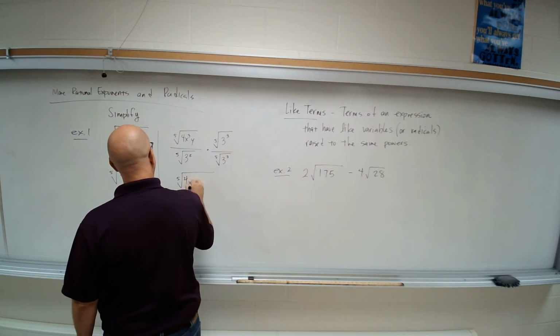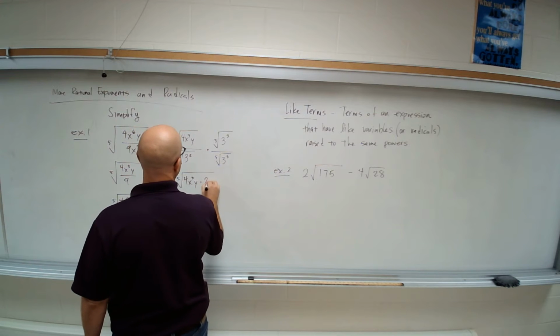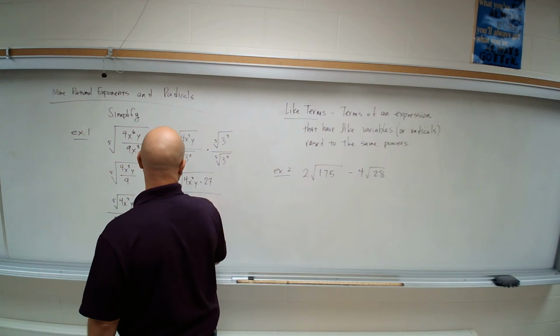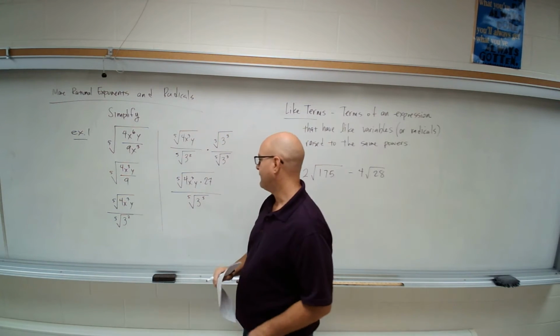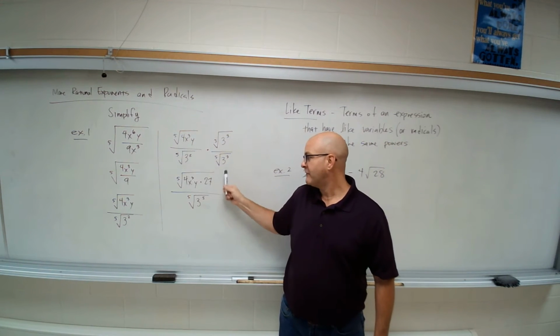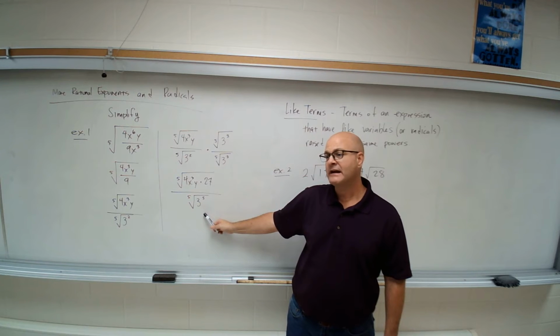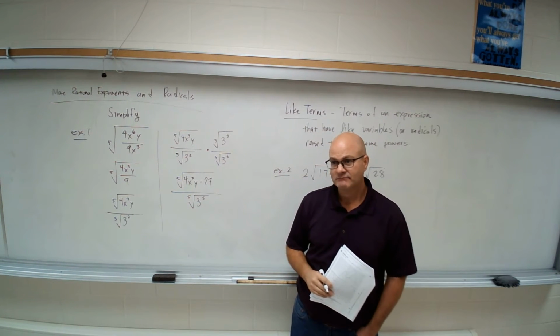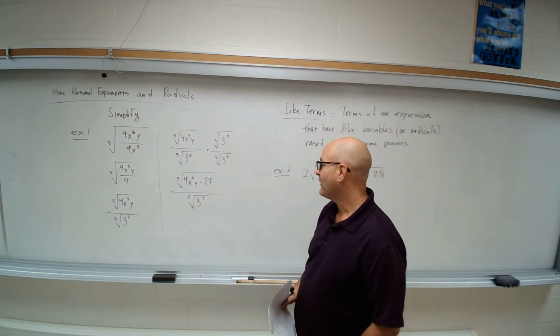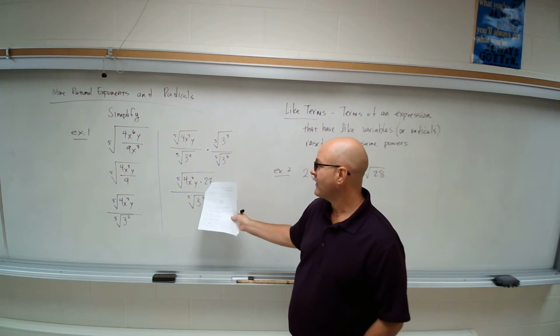Let's see, we have 4x cubed y times 27, and then over the fifth root of 3 to the fifth. We needed 3 to the fifth, so we left them all as powers of 3. Here we have to simplify, so we'll actually turn it into 27. That's what we're doing there. So now the numerator, you get 4 times 27.